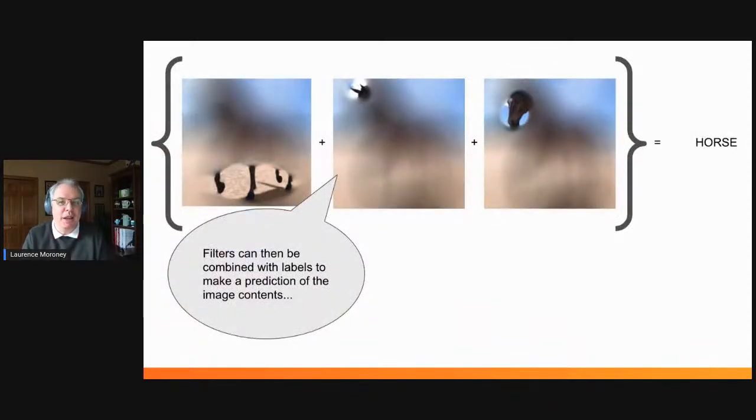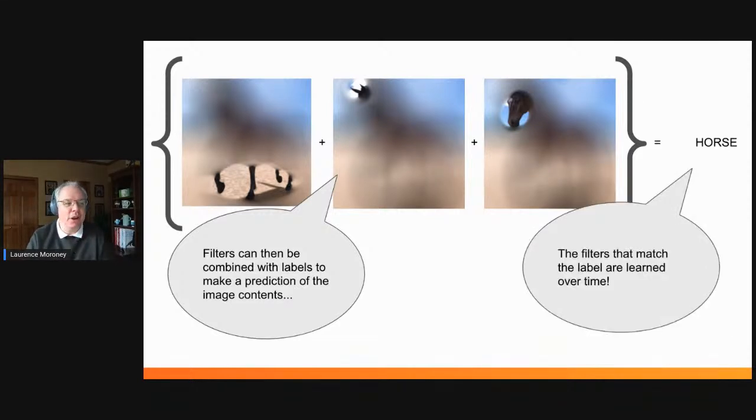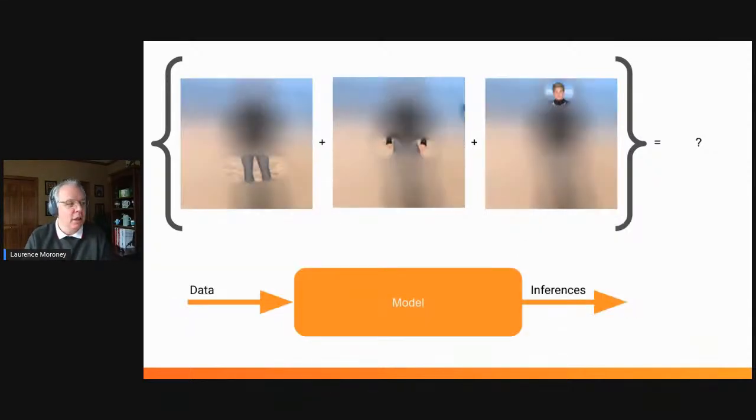So then in the future, if we pass it a new image that it had never seen before, depending on which filters actually work with that, they could be combined together so that the computer knows it's looking at a horse. And this is really the core of computer vision. So now if we go back to the model that I was showing earlier on, we're passing data in, we're getting inferences out.